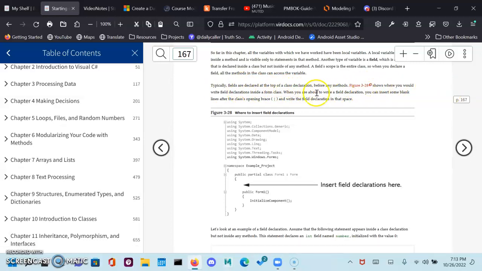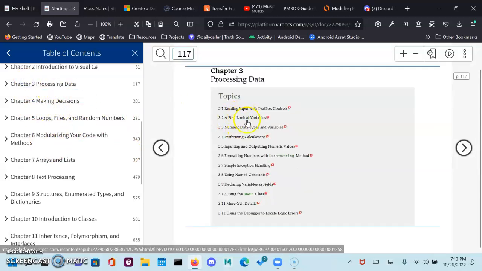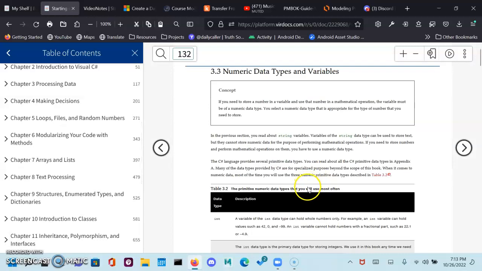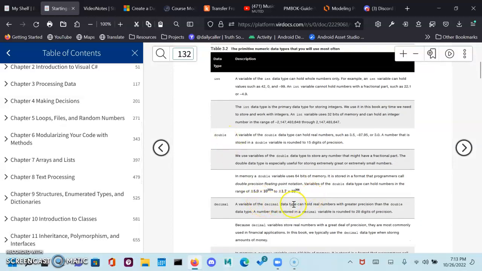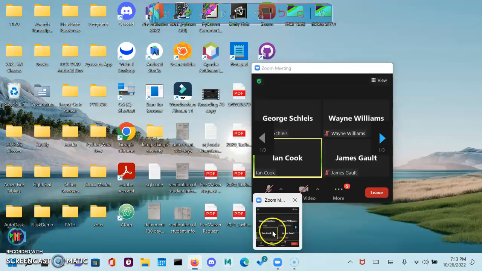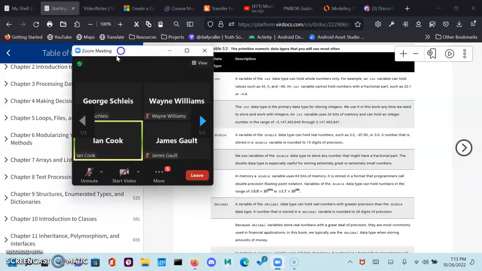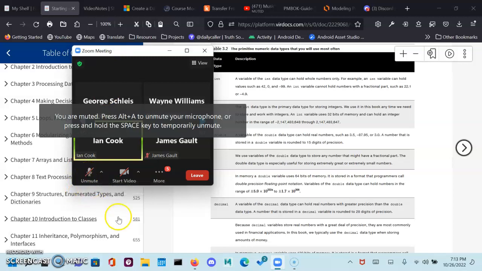Something else that's a little unique here is this idea of a decimal. What does that mean when you say decimal? By decimal, do you just mean the numbers between 0 and 1?